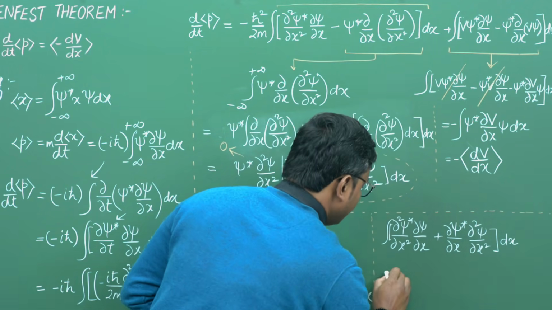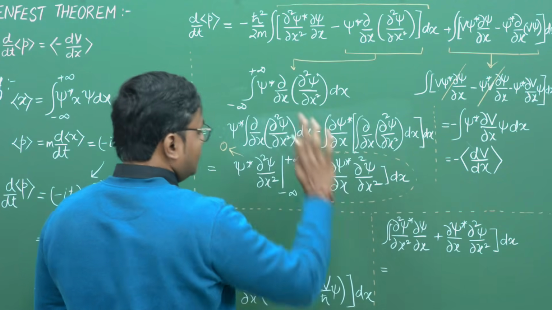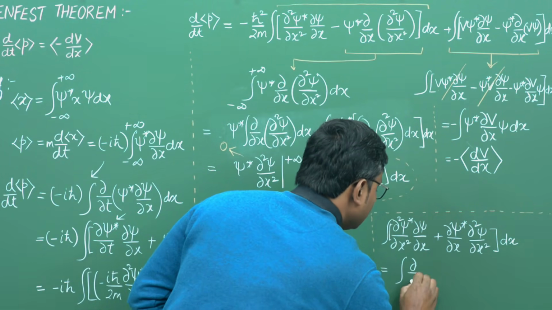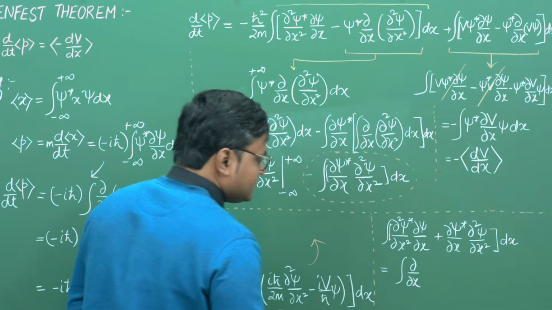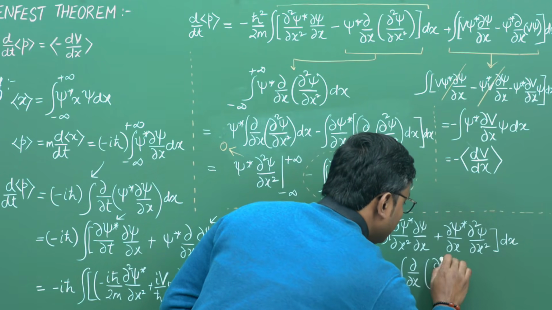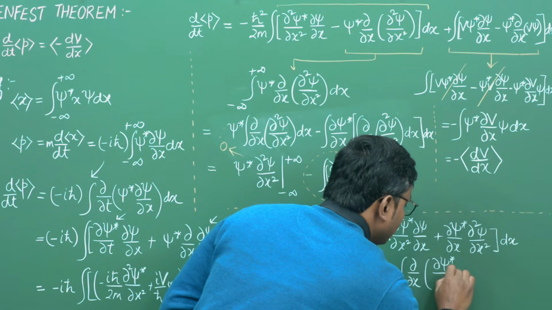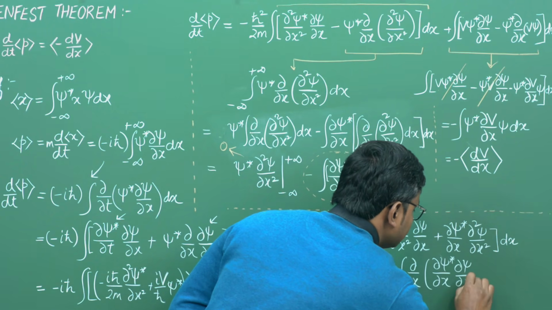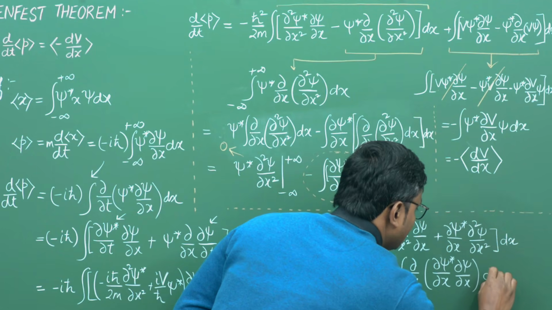This can be simplified. Again, I'm keeping the constant out for the time being. This can be simplified by saying that this is a derivative with respect to x of del psi star upon del x, del psi del x, and then again the dx comes here.